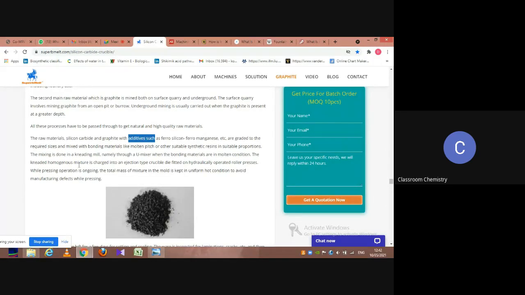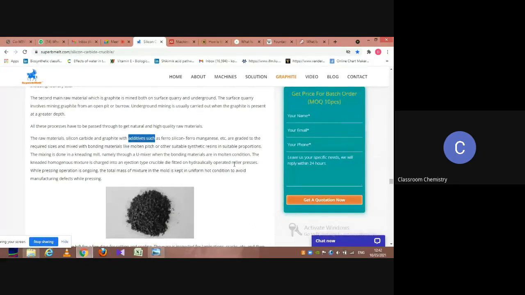And then you have the homogeneous mixture, and this homogeneous mixture is charged into an injection type crucible die. Now this homogeneous mixture has to be poured into a molten die of the size of the crucible we want to make. Then the size of the die will be given to the crucible material.